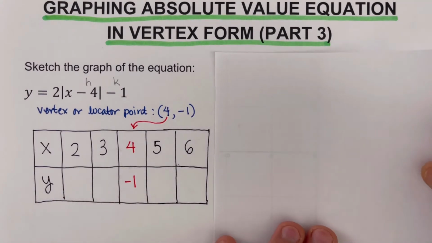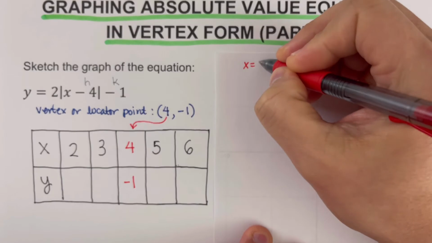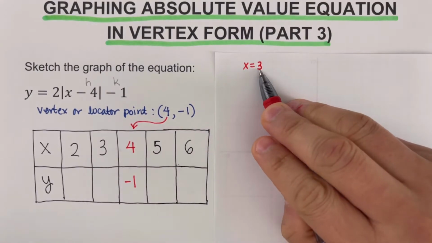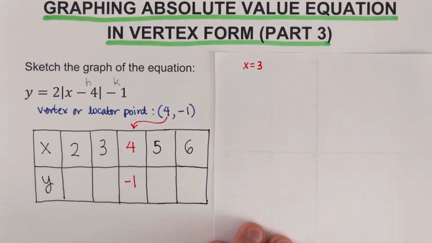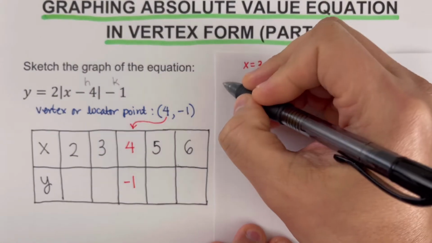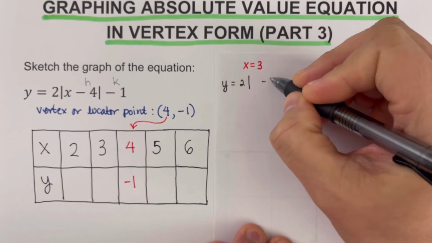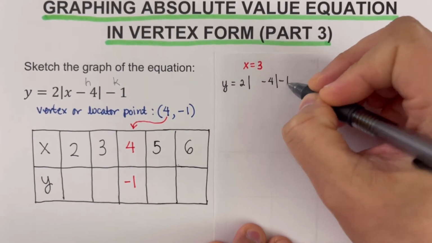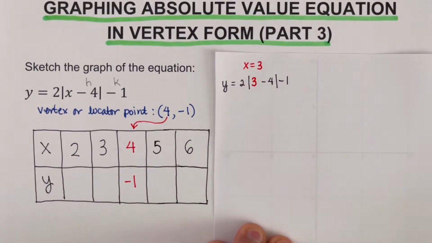We're going to show the work on the side. We will start with x is 3. We plug in 3 for x so that we can solve for y. This equation comes out as y equals 2 times the absolute value of x minus 4, minus 1, with 3 in place of x.